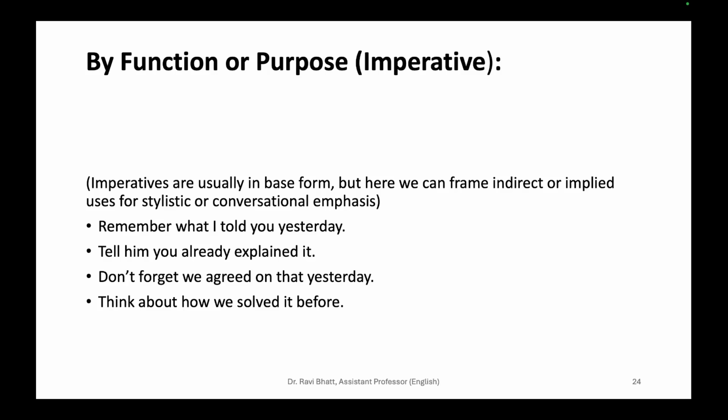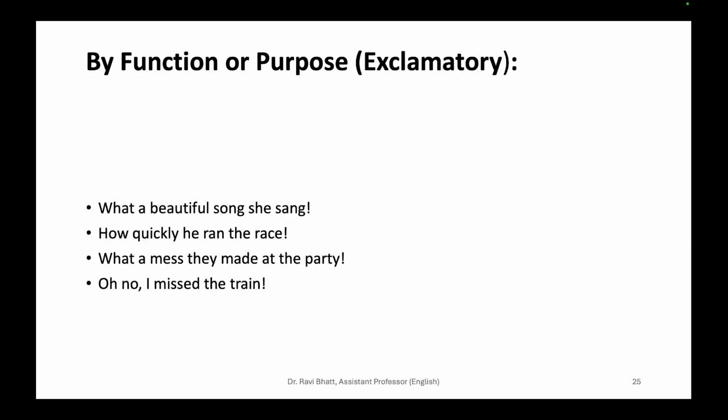So a person says, remember what I told you yesterday, or tell him you already explained it. Don't forget we agreed on that yesterday, or think about how we solved it before. So that is imperative sentences. Now, exclamatory sentences, again, end with an exclamation mark.